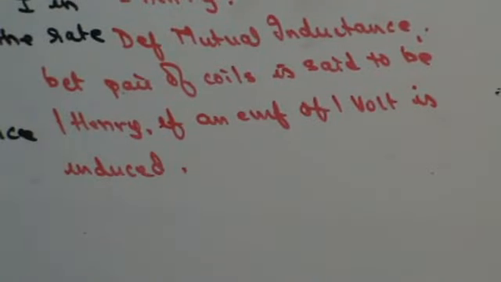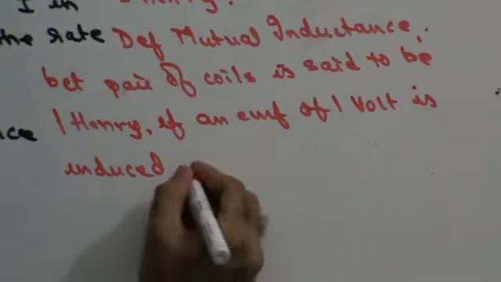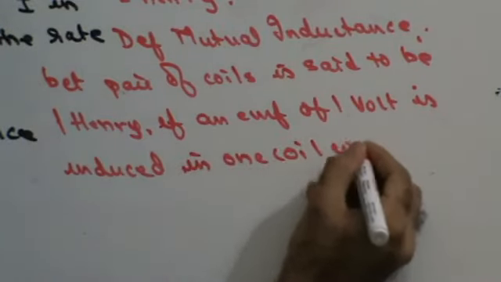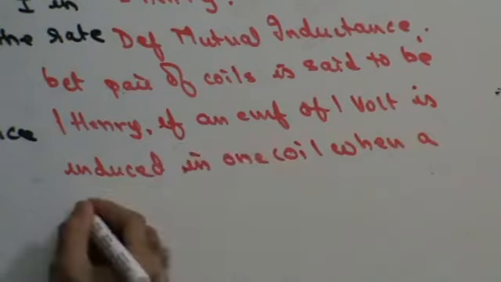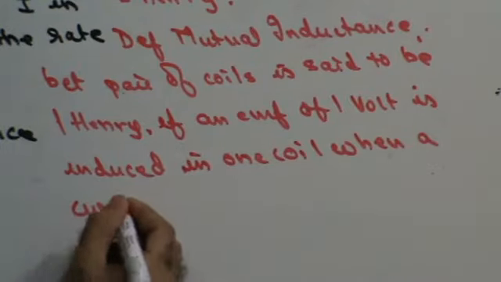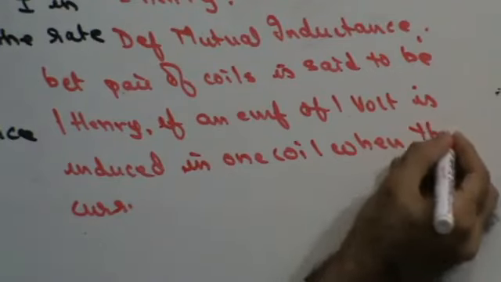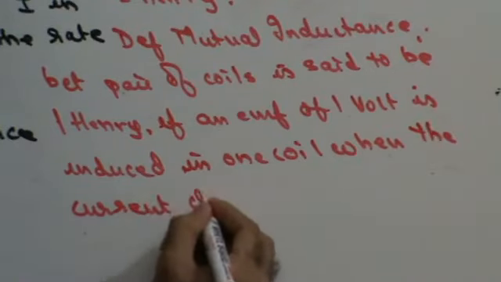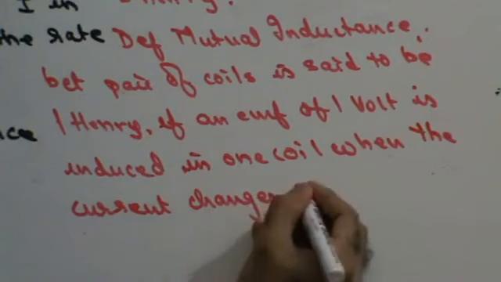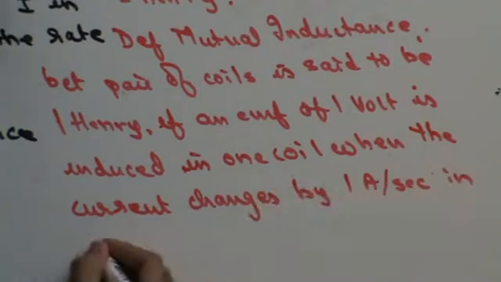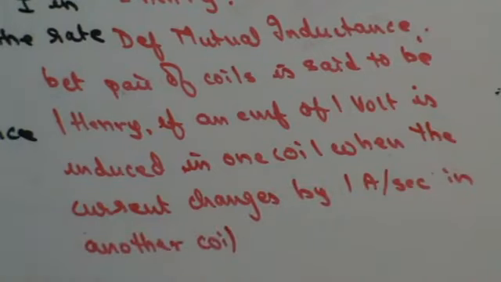1 volt is induced in one coil when a current changes by 1 ampere per second in another or neighboring coil.